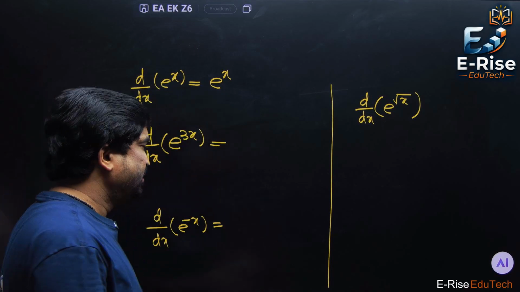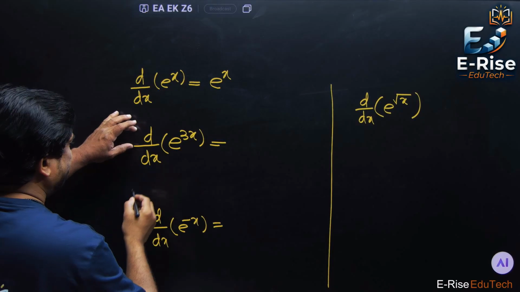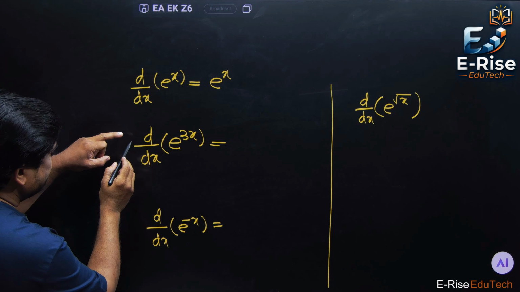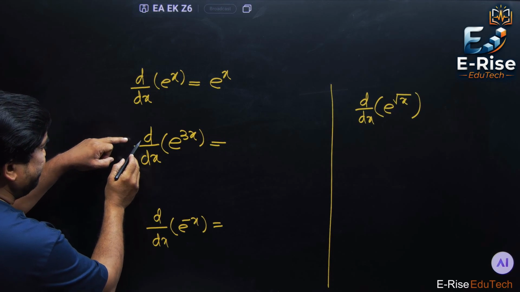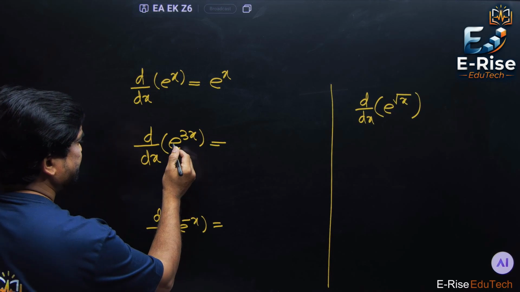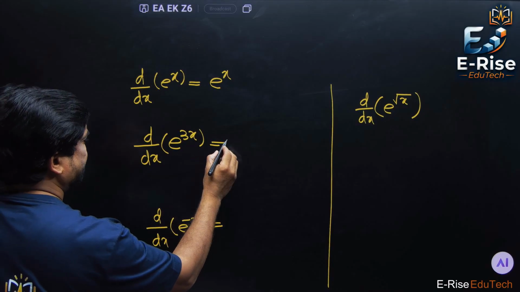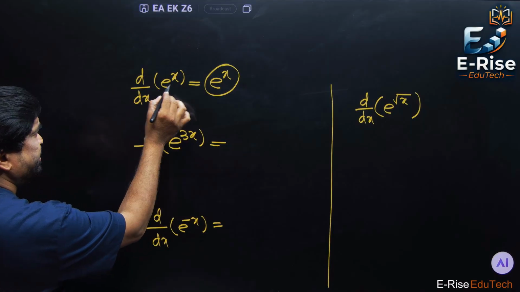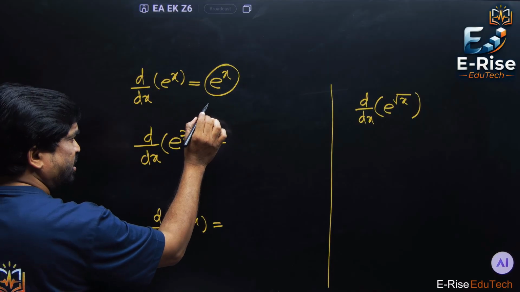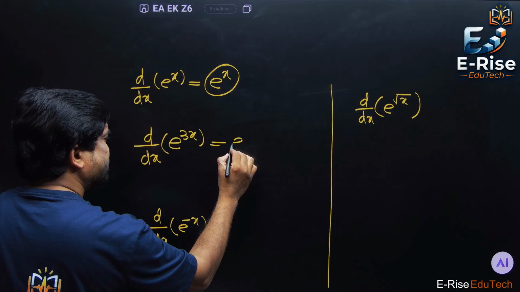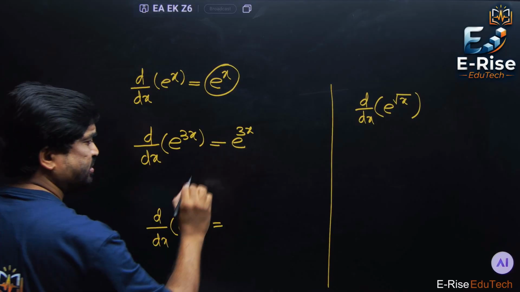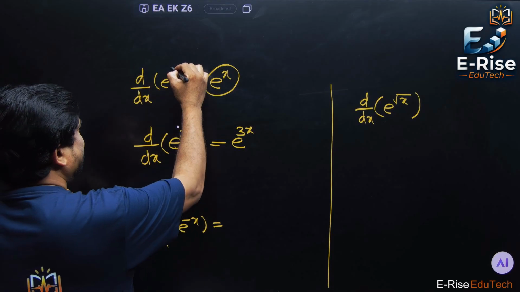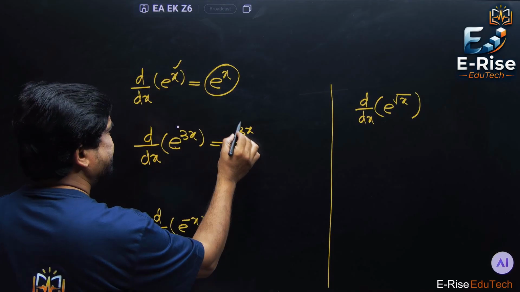How to use that? d by dx means differentiation with respect to x of e to the power 3x. d by dx of e power x is e power x only. Here also the same thing. Here x. In place of x, 3x is there. The formula in place of x, here 3x there, same, right?